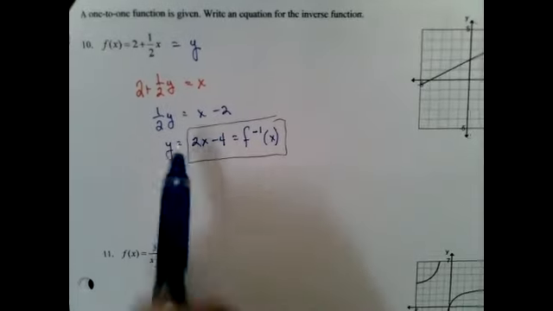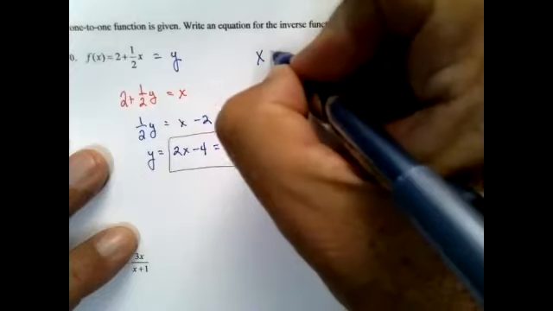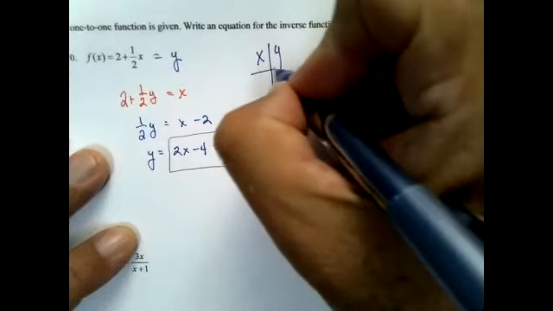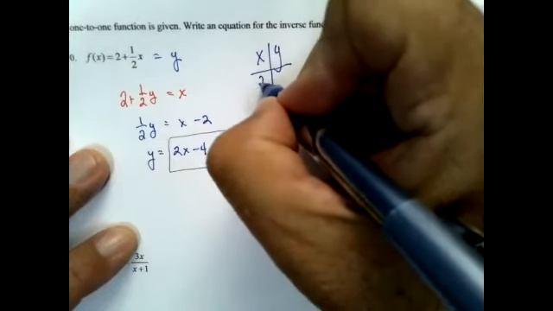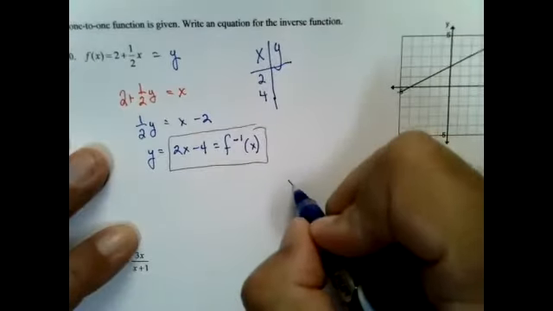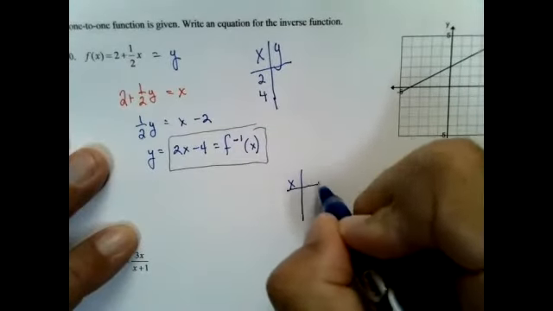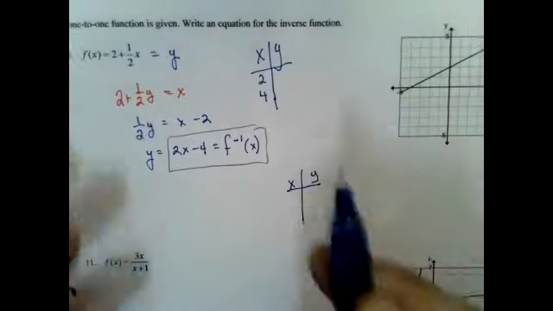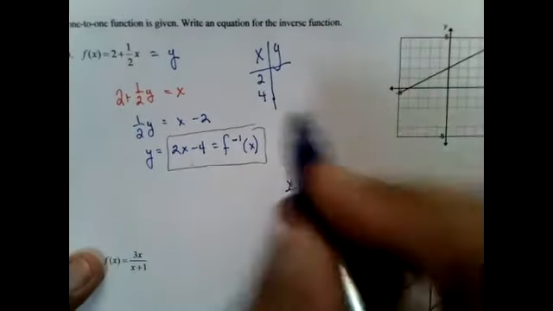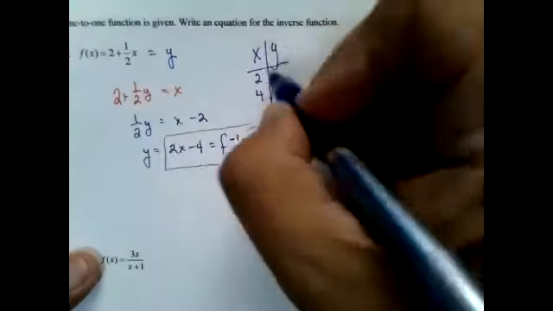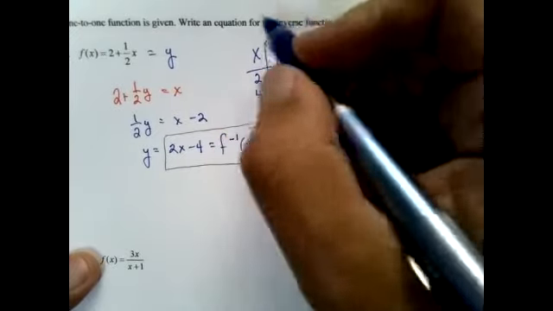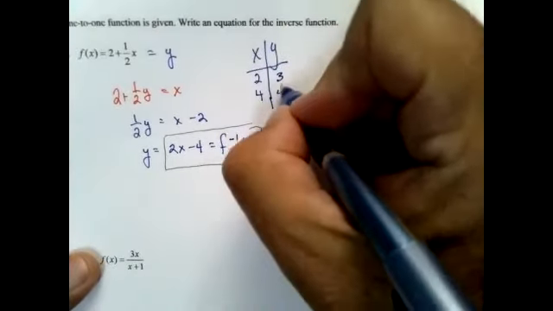multiplied by 2. So now that's saying if I took values up here and plugged them in, if I plug in 2, I get 3. If I plug in 4, I get 4.